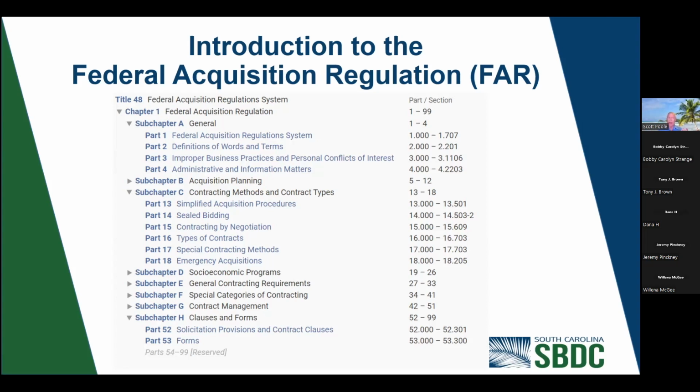It might be a cost plus fixed fee, cost plus award fee, cost plus share fee, time and material contract, or a fixed price contract. So there are different things that go along here. Part 52 we talked about earlier; that was the solicitation provisions and contract clauses. And Part 53 are the various forms.